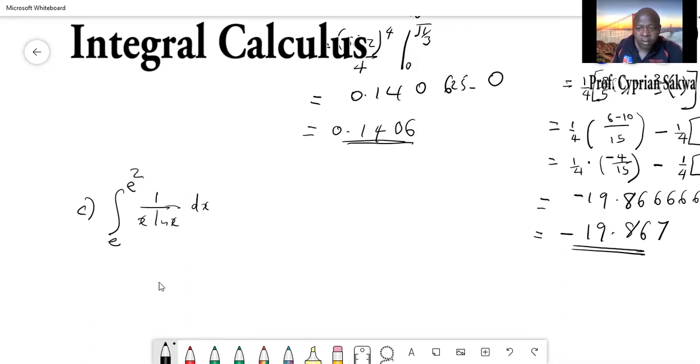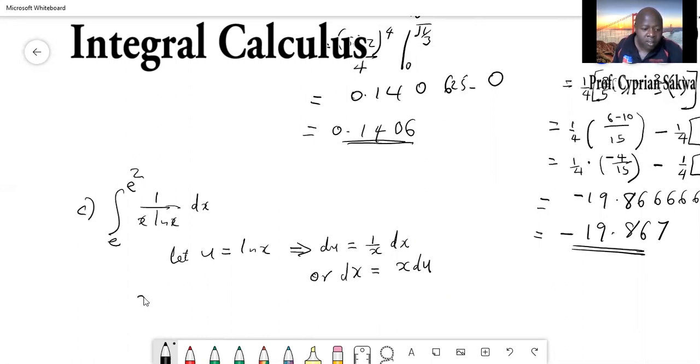Again, we are doing this using substitution, so I would just say let u be ln of x, and when you differentiate this, you get du to be 1 over x dx, or that dx is x du. So let's substitute that.